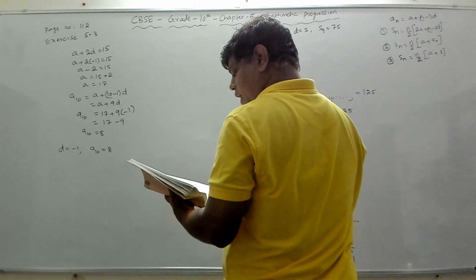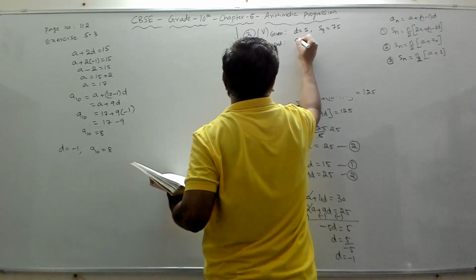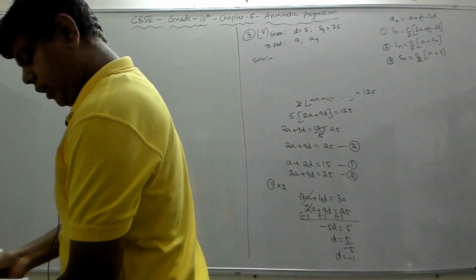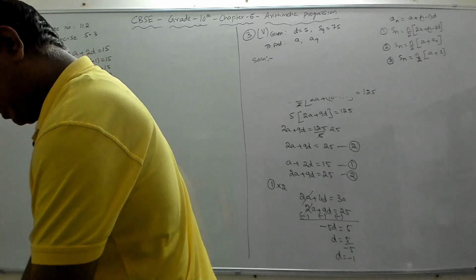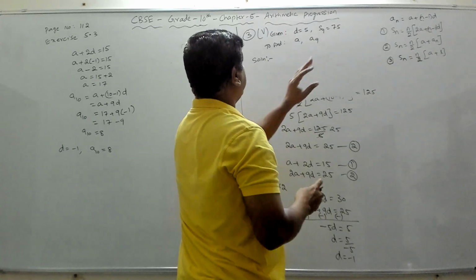We have to find A and A9. D is 5, S9 is 75. We have to find A and A9.